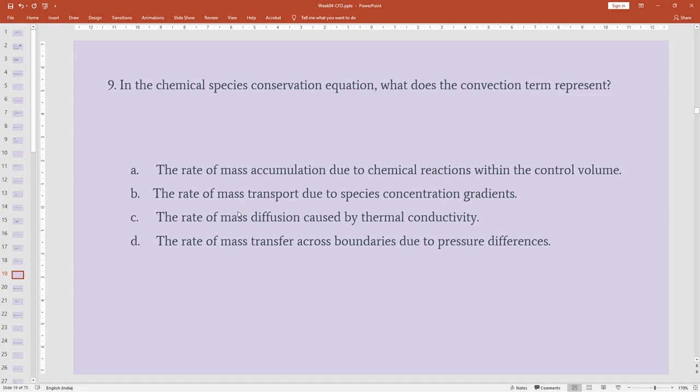Option C, the rate of mass diffusion caused by thermal conductivity. Option D, rate of mass transfer across the boundaries due to pressure differences. You can inbox your answers.